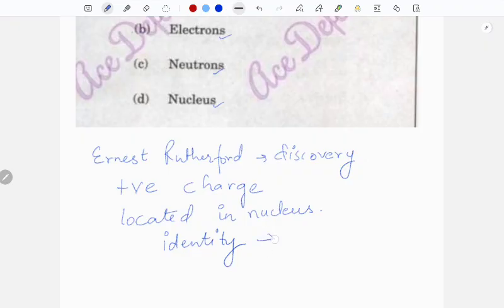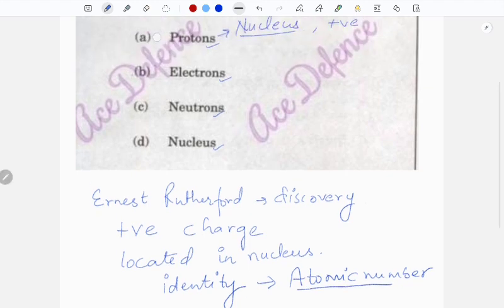Identity tells the unique atomic number. If we know the number of protons, we can tell the atomic number of the element. Does this tell anything about chemical properties or chemical bonds? No. So proton will not be the answer here.